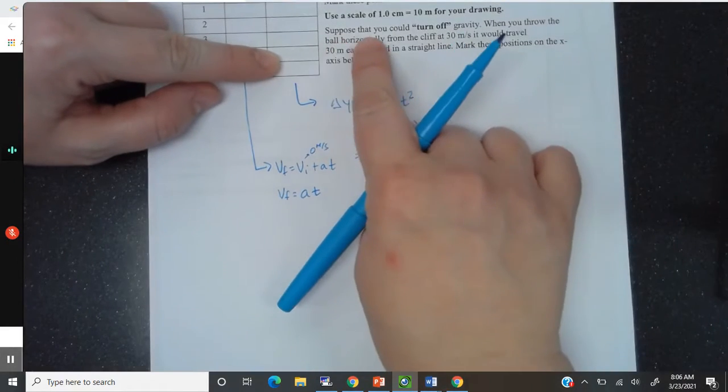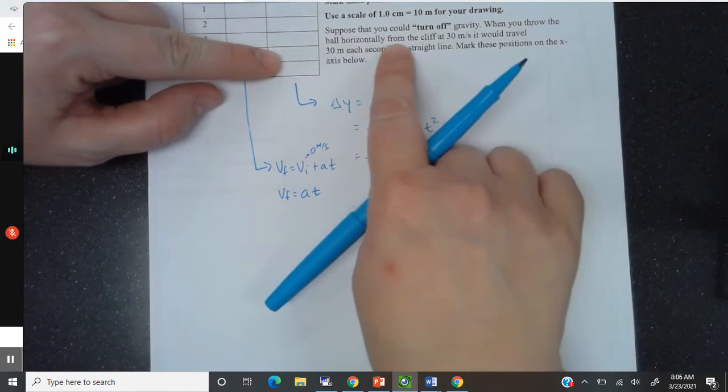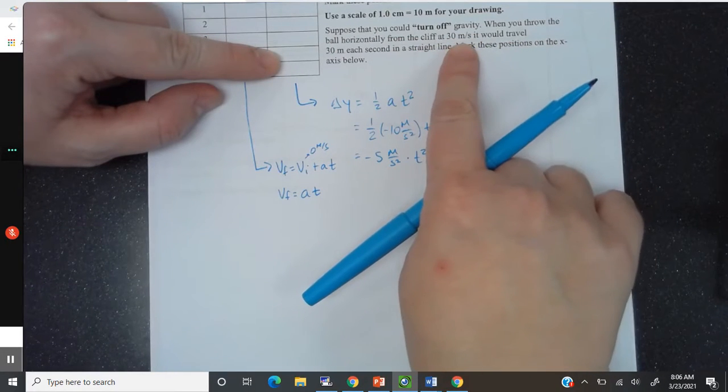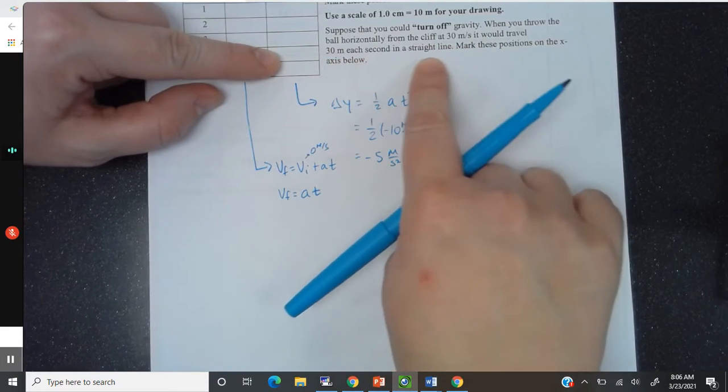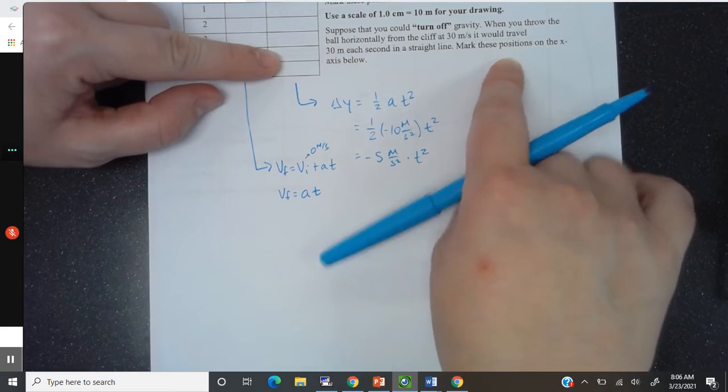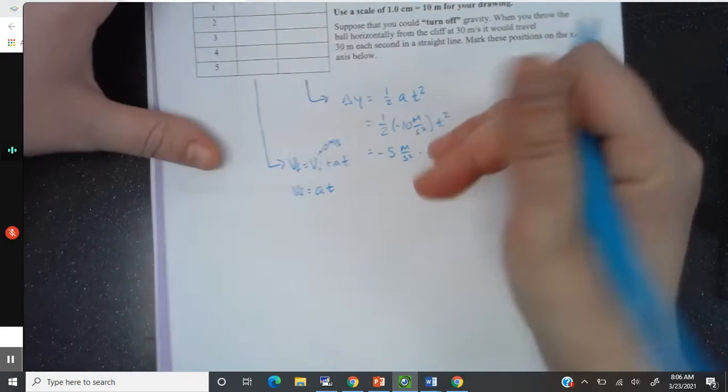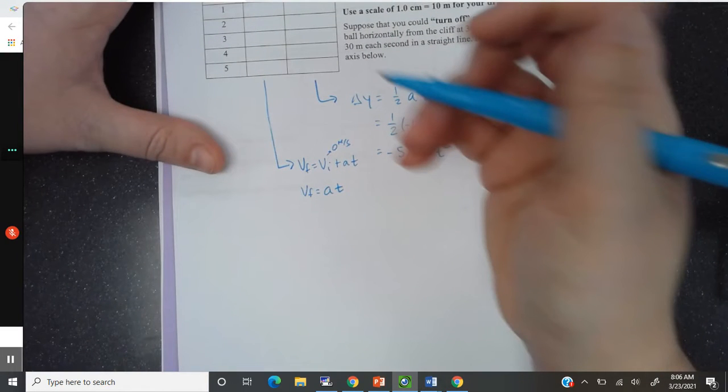And then here it says, suppose you could turn off gravity. When you throw the ball horizontally from the cliff at 30 meters per second, it would travel 30 meters for each second in a straight line. And then you're going to mark those positions. And so you're actually going to need another column here for your x position.